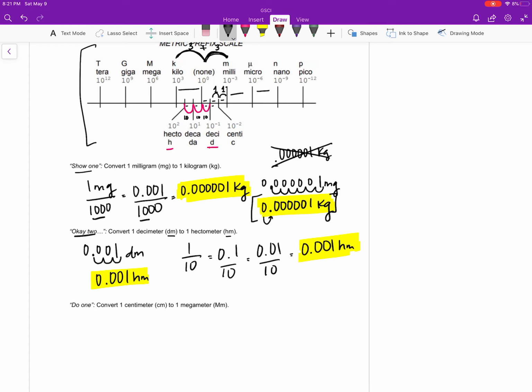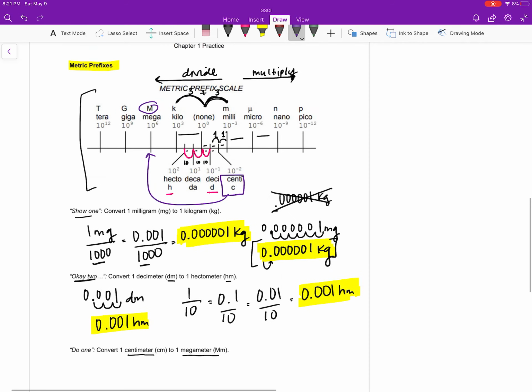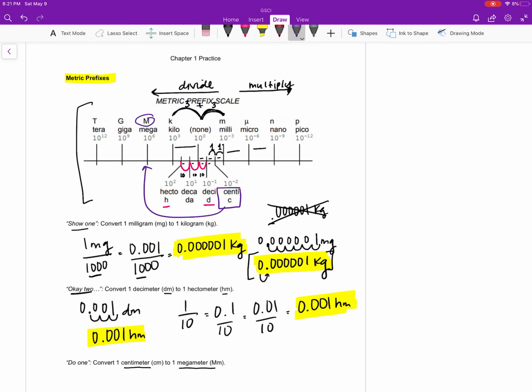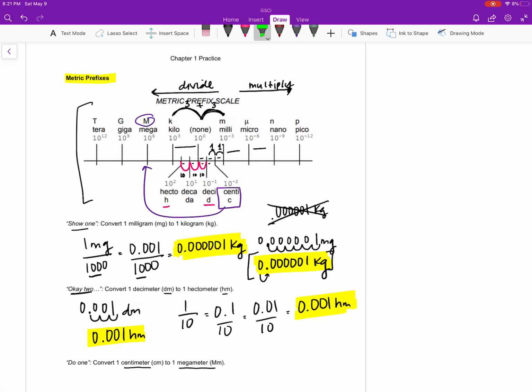Now you are going to convert from centimeter to megameter. I'm going to pick a different color. You are going to start off right here, and you are converting to megameter, which brings me to a really important thing I want to point out: there are 3 different types of M's on our metric scale.